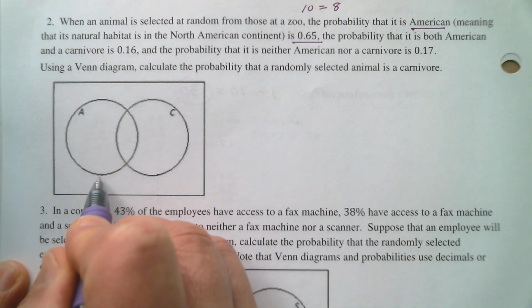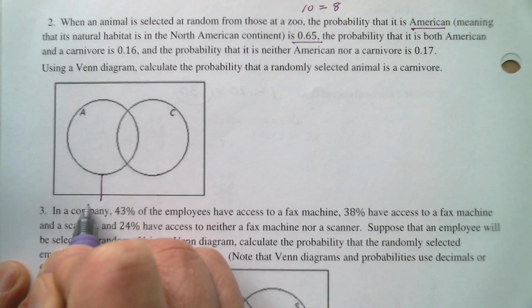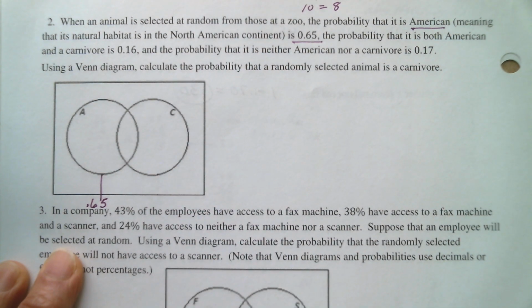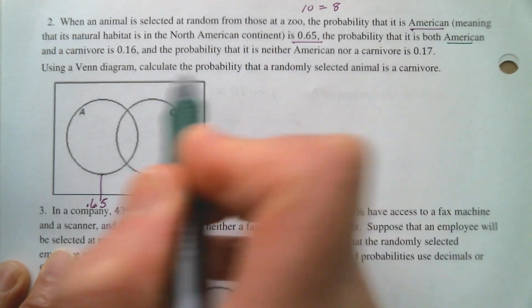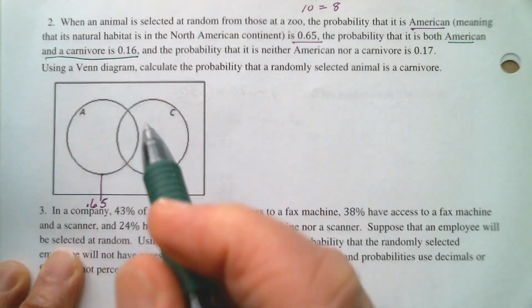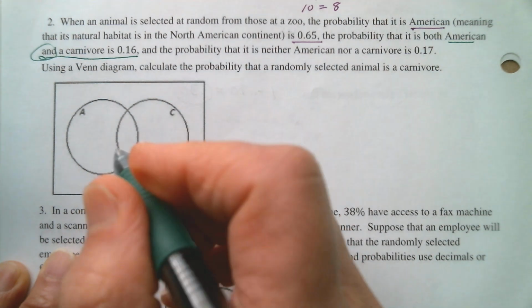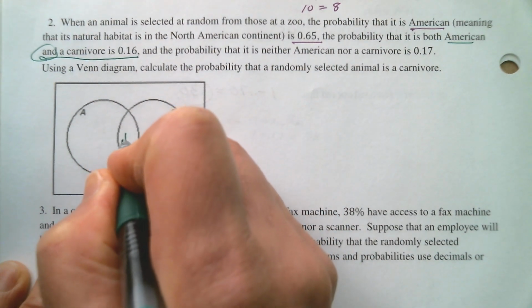So we'll do a lollipop stick down, 0.65. And the probability that it is both American and a carnivore, so this is American and carnivore, that's the overlap, is 0.16. So that would be here, 0.16.